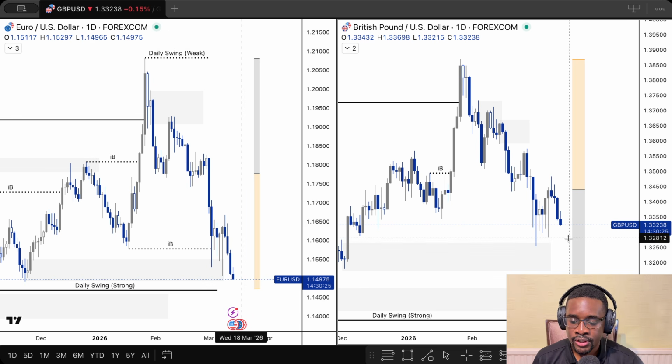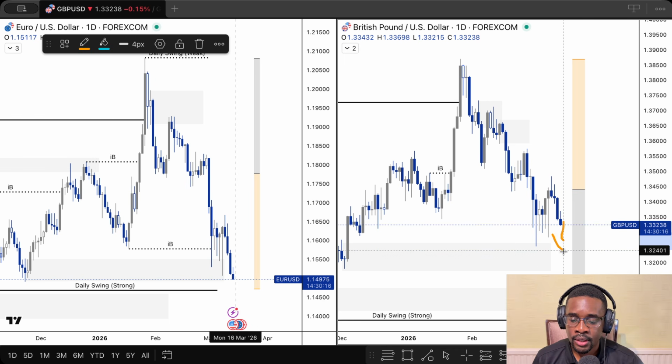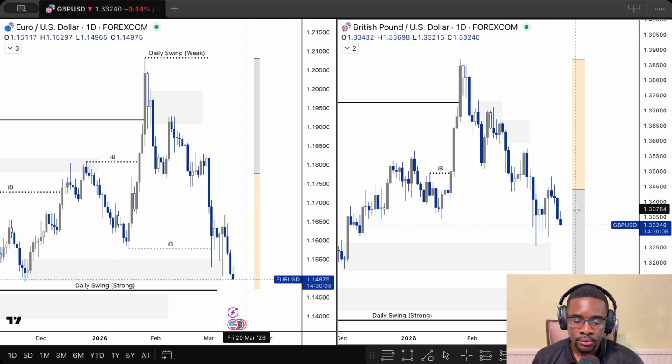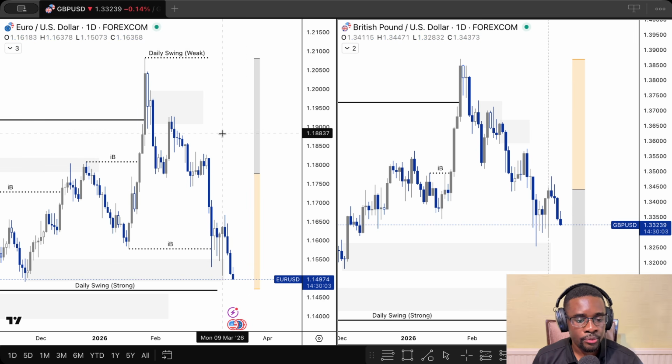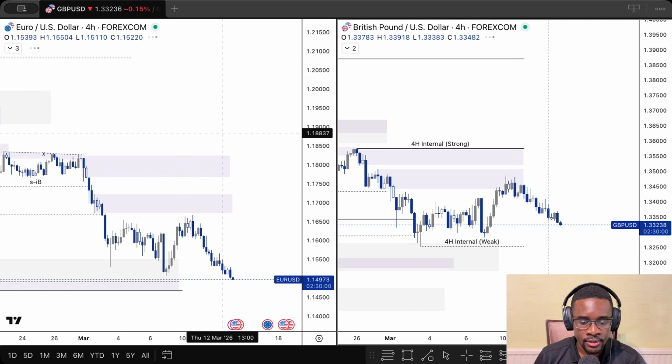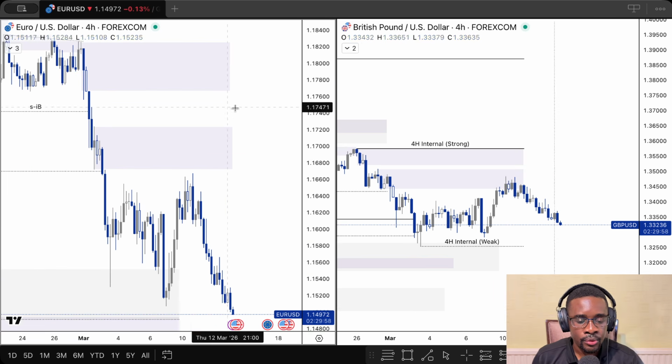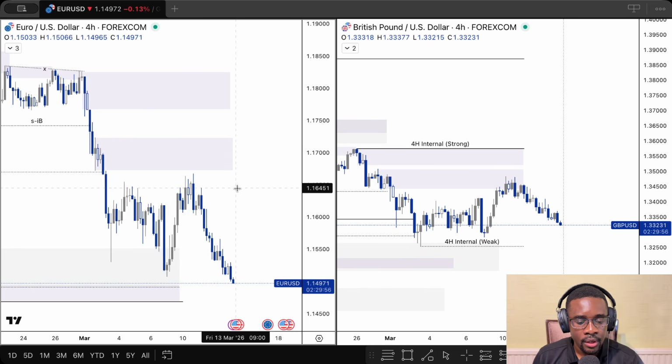Because of the GDP today, in a few minutes from now at 7, that could be the catalyst to push price down, or price will just push back up, so there's no really telling until after the news. But we can try and position ourselves and see what we could be expecting from price.